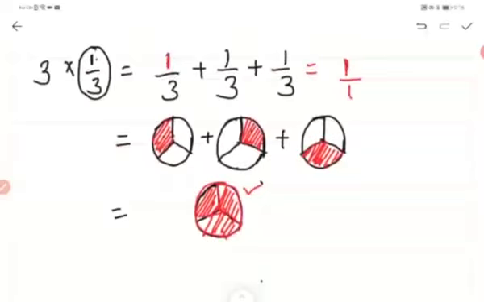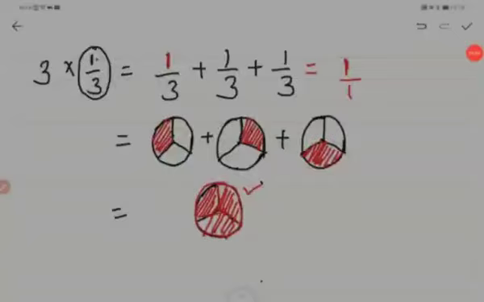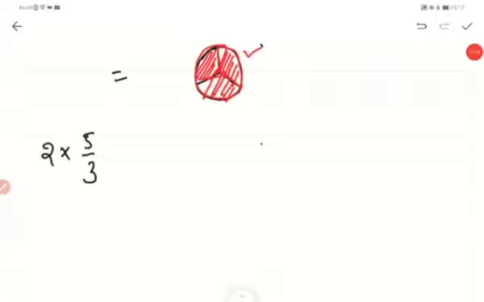Okay, let's take one more example. Now I took the example 2 into 5 by 3. Now tell me, this fraction 5 by 3, is it a proper or improper fraction? 5 by 3 is an improper fraction, isn't it? Because the numerator is greater than the denominator. So how will you write this?